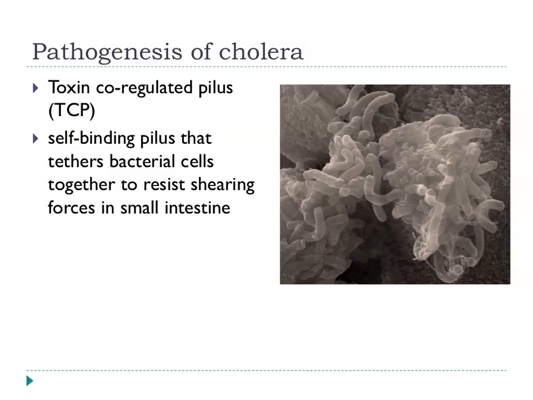Cholera has an adhesin, the so-called toxin co-regulated pilus, but instead of mediating adhesion purely to the mucosa, this actually tethers the bacterial cells together, so they form a kind of bundle, and they resist the shearing forces that are trying to force them out of the intestine.